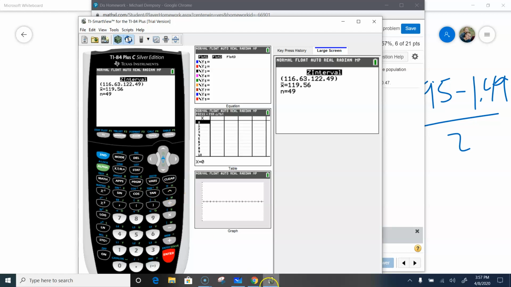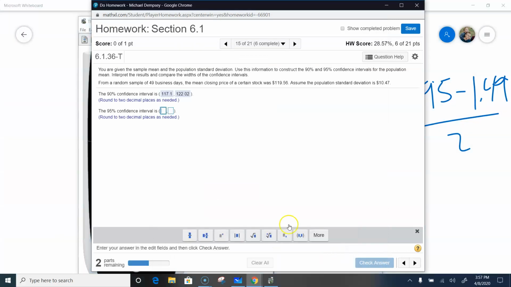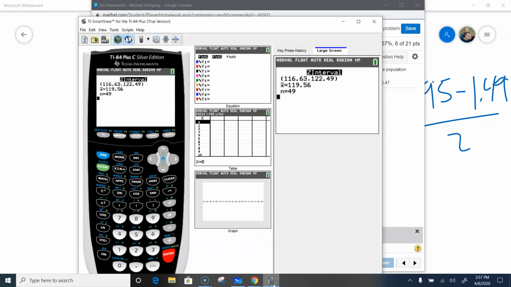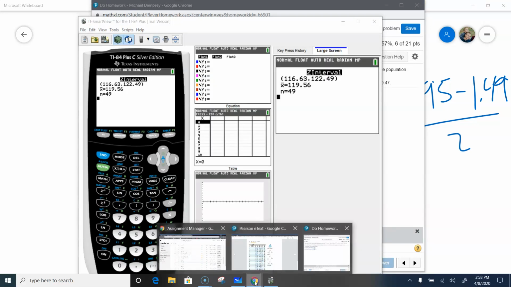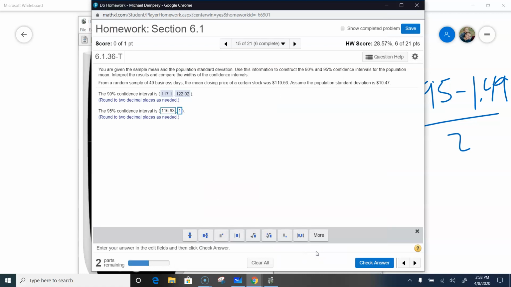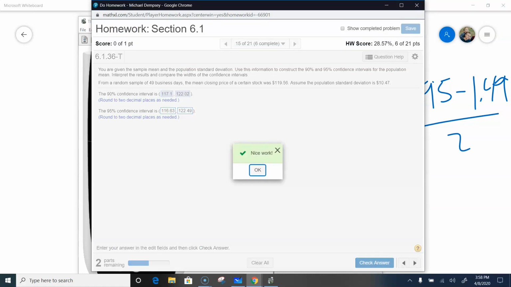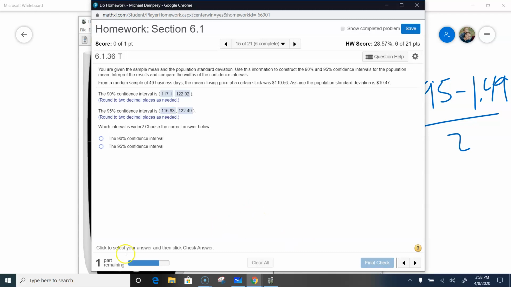Okay, 116.63 to 122.49. All right, so I hope this is a helpful little tutorial for your 6.1 homework.